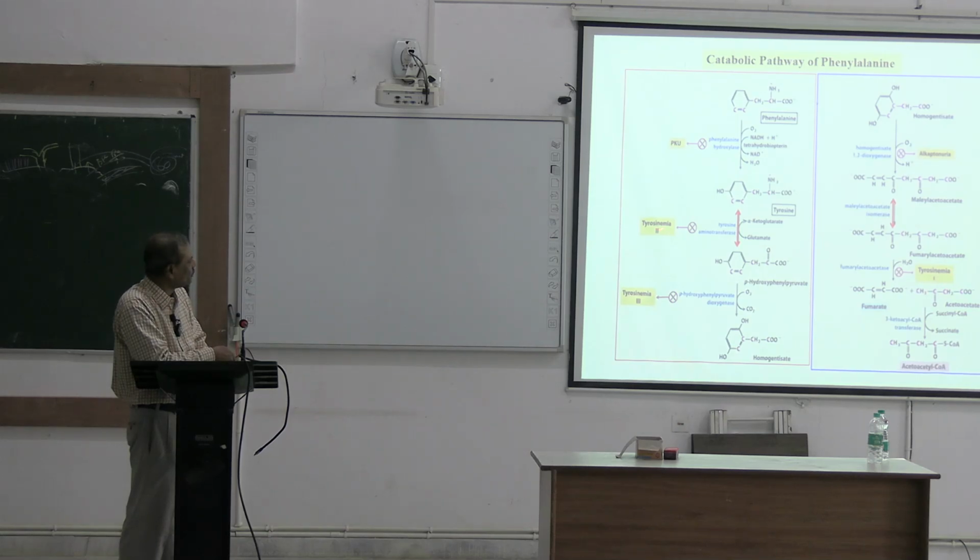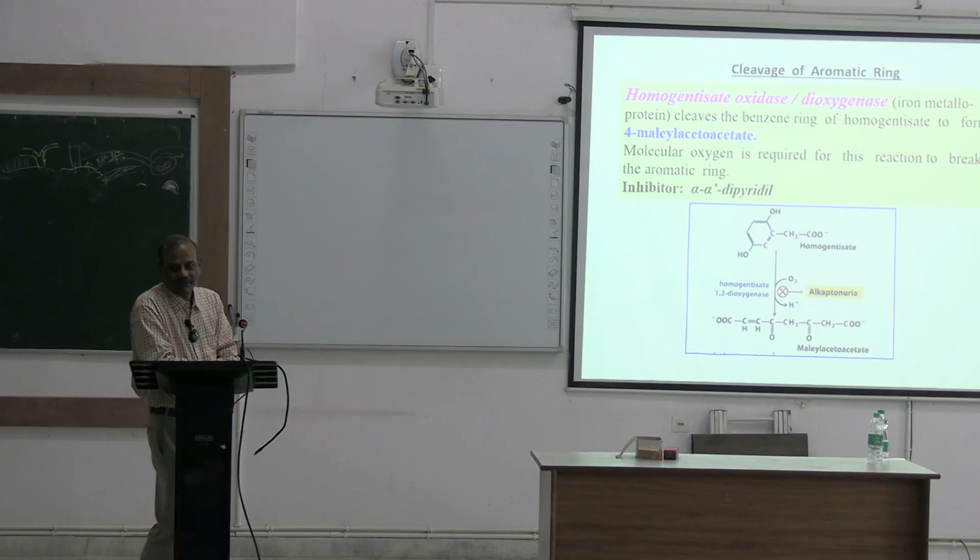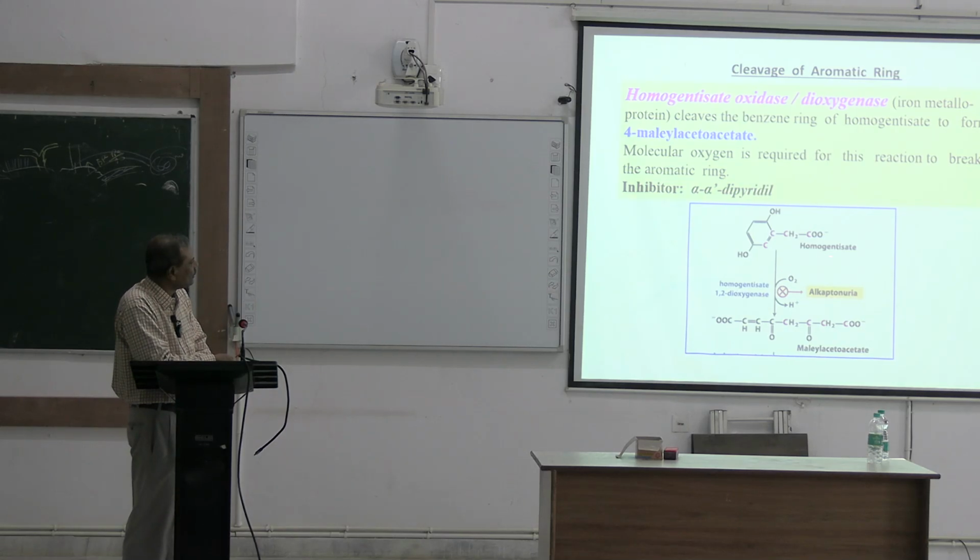This is tyrosinemia 2 here, tyrosinemia 3 here, and alkaptonuria is another part. Cleavage of the aromatic ring is done by homogentisic acid to maleylacetoacetate. Homogentisate 1,2-dioxygenase is another enzyme which can be blocked, and that will lead to accumulation of homogentisate.